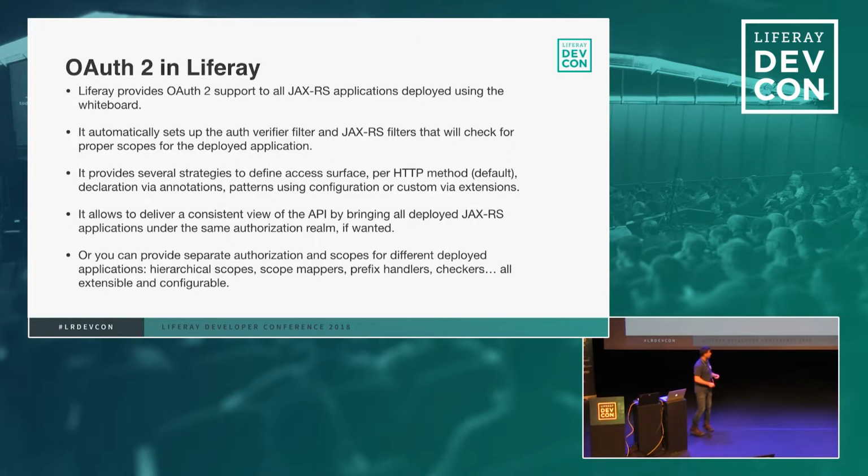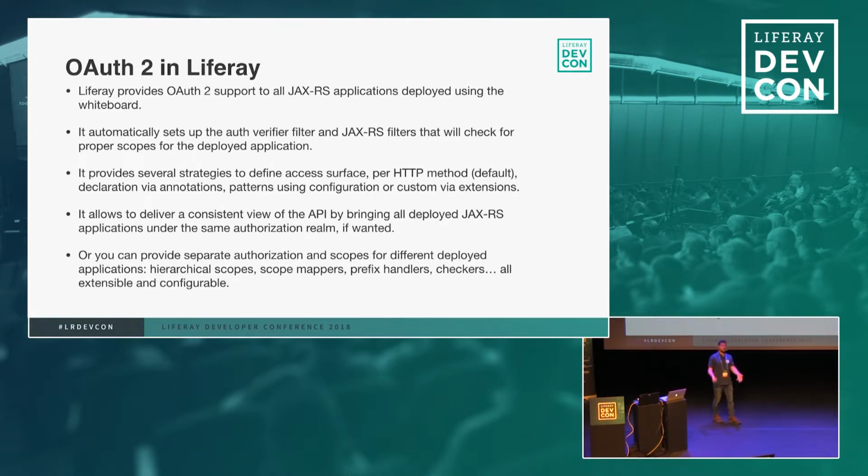So how do we do that? We basically provide support so that every JAX-RS application that you deploy inside Liferay, from 7.1 on, is secured behind OAuth2 by default, unless you change that, which is something we think is good, but many people asked us how to disable that.